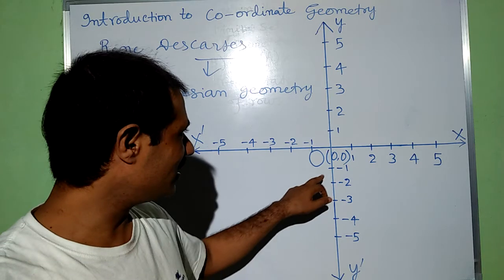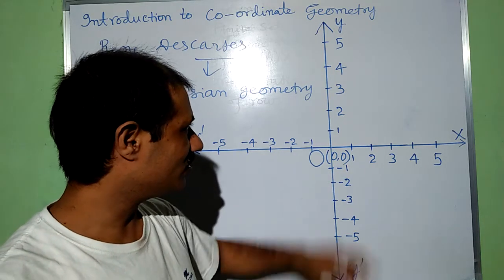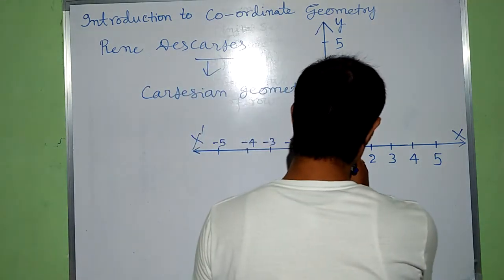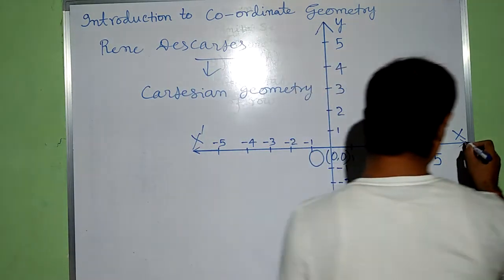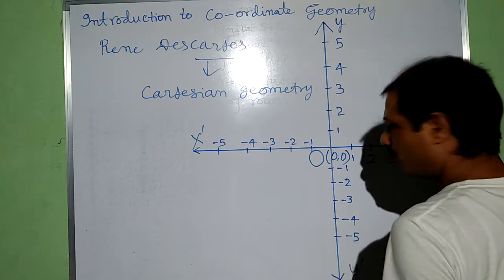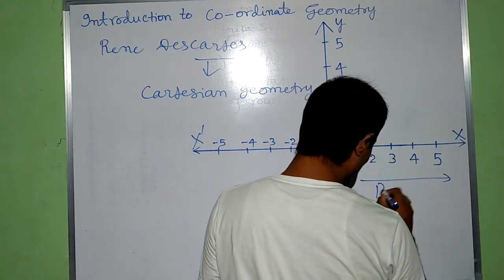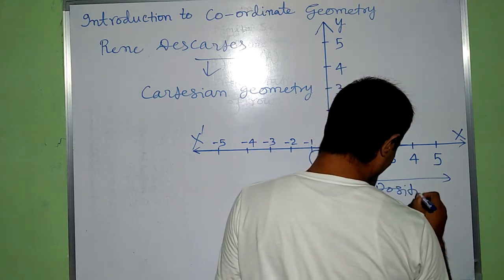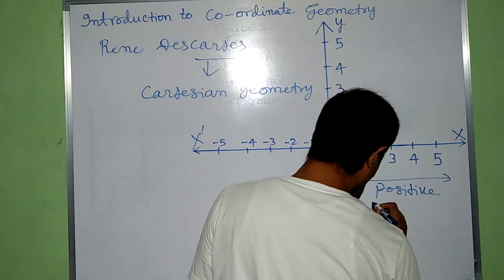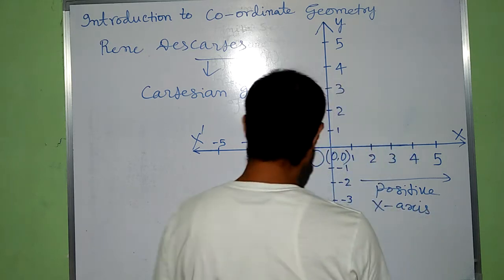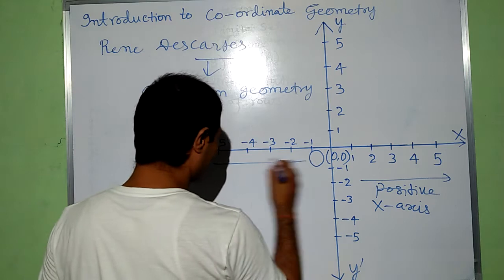Its coordinate is (0, 0). To the right of 0 on the x-axis is the positive x-axis, the positive direction, and this is called the negative x-axis.